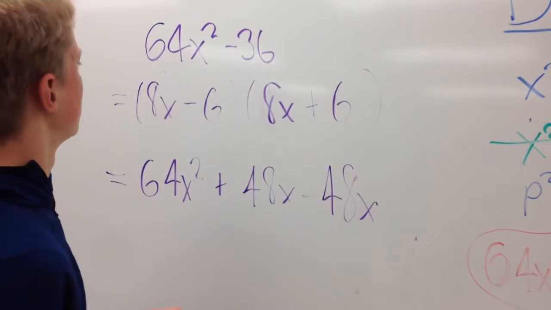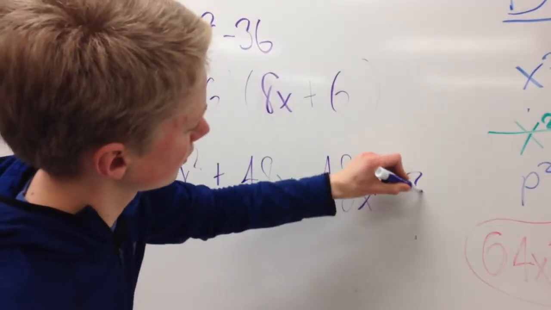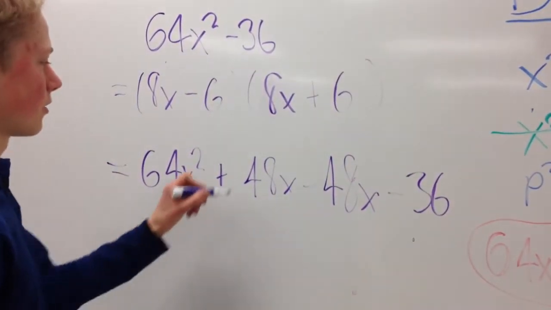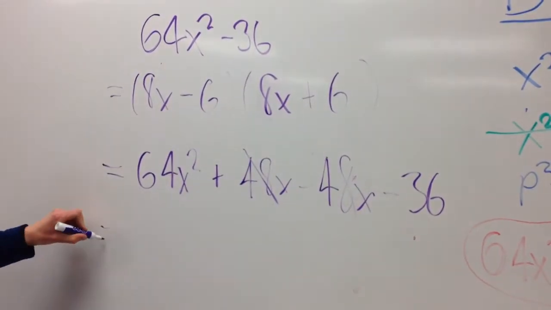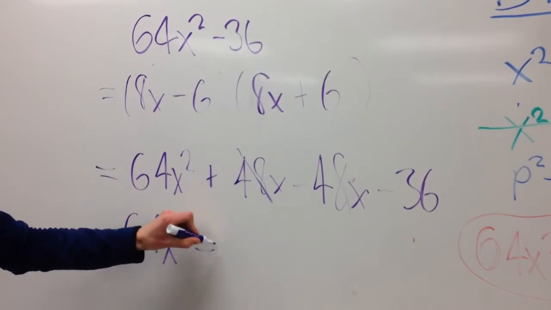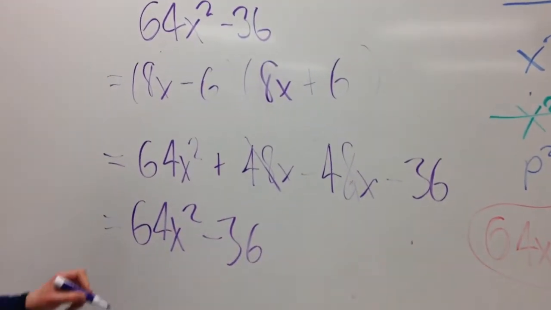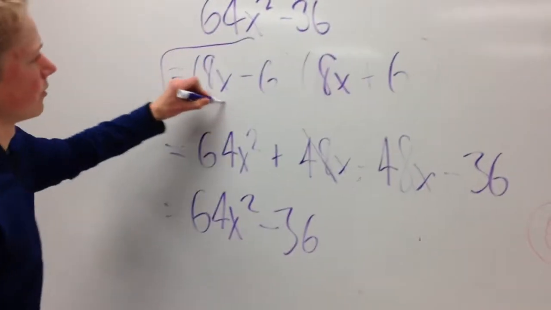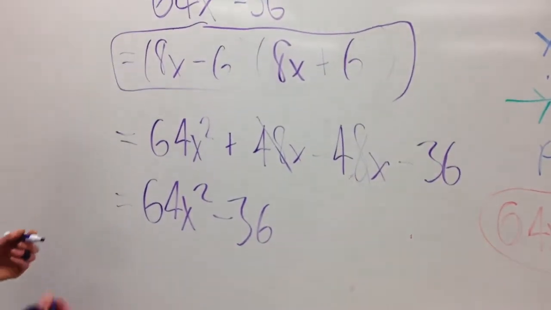And then negative 6 times positive 6 equals negative 36. Add together like terms. These two cancel out. 64x squared minus 36. Same thing. This is your final factored equation.